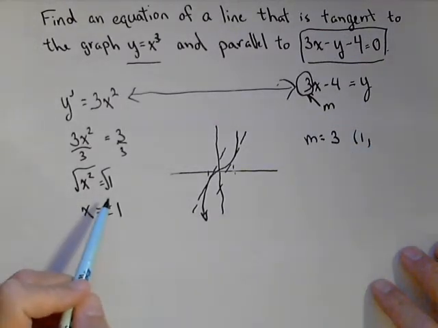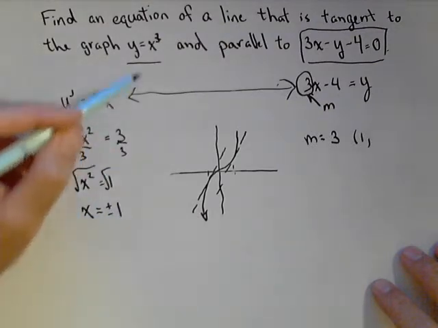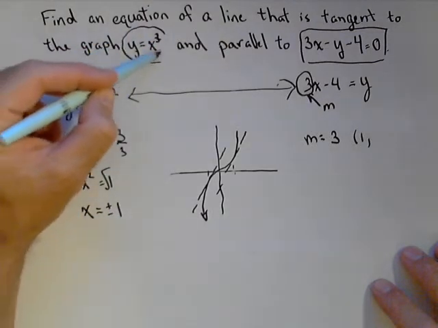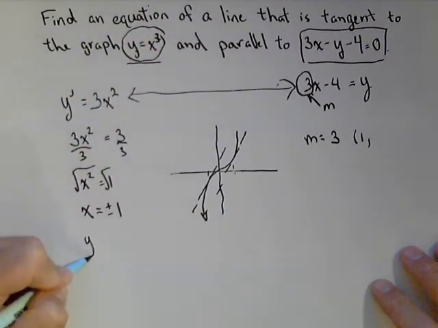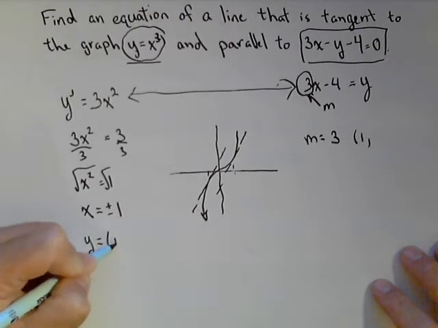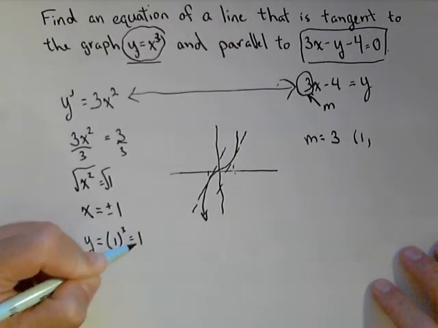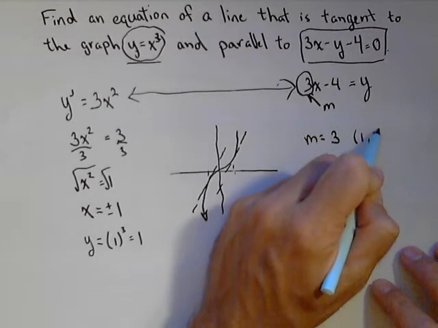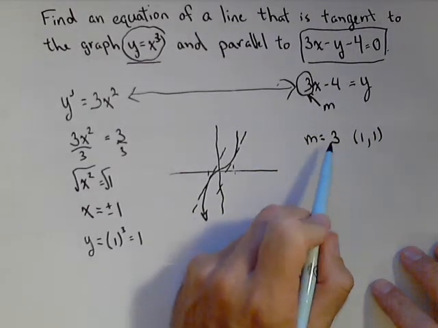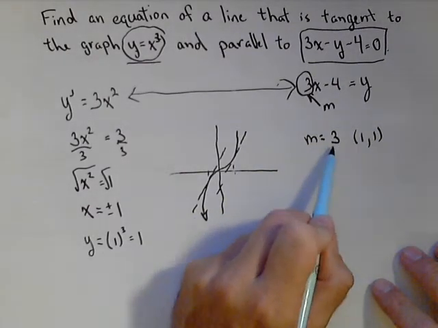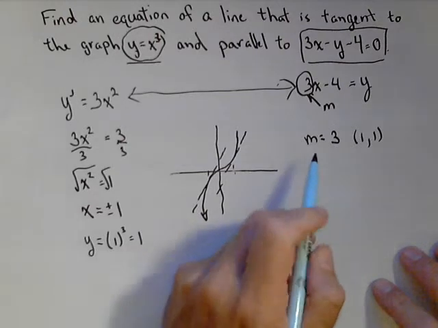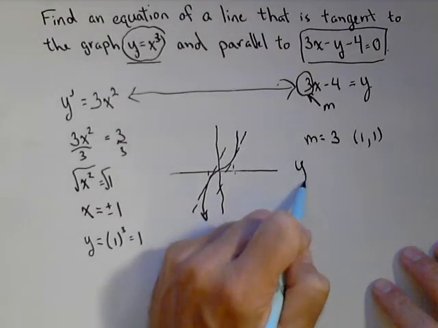Now, what we need is the y value. Well, we go back to the original function for that. So y equals positive 1 cubed, which is 1. So that gives us this y value. So we have our point and we have our slope. Let's go ahead and do this in point-slope form.